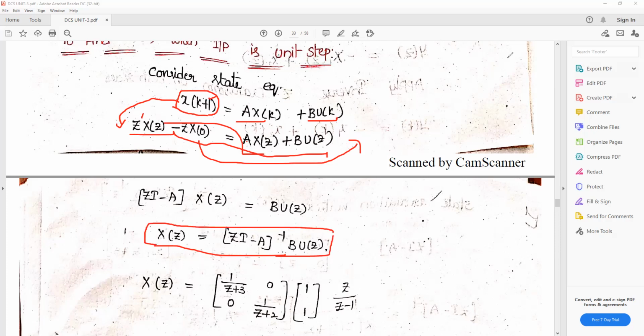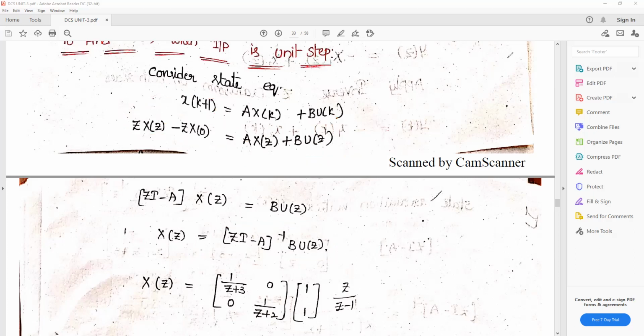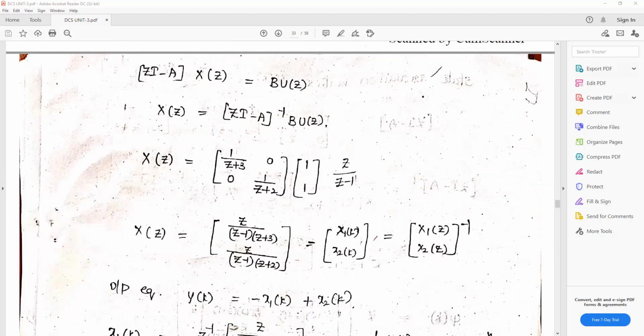We just calculated (zI minus A) whole inverse: 1 by z plus 3, 0, 0, 1 by z plus 2. The B matrix is 1, 1, and the input signal is z by z minus 1.